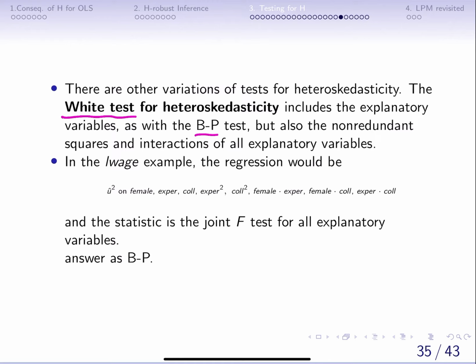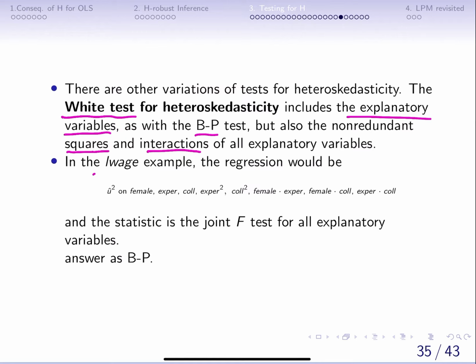But there are two versions. One is basically that this is going to include all of the explanatory variables that we had in the BP test, but it also includes other manipulations of those variables, like squares and interaction terms for all of the explanatory variables.